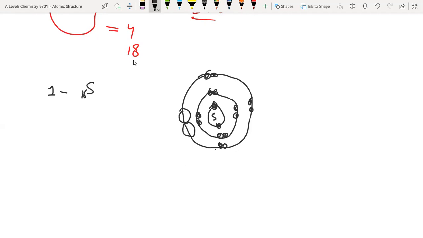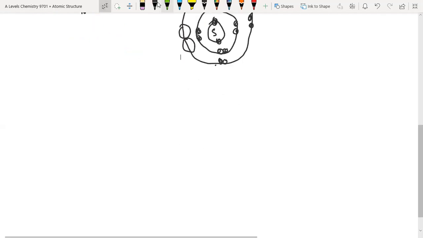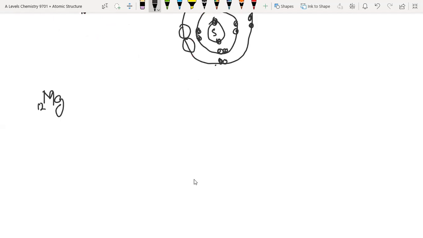Similarly, for the magnesium atom, the energy level diagram would be like this. Mg contains 12 protons, so it will have 12 electrons in the orbits.